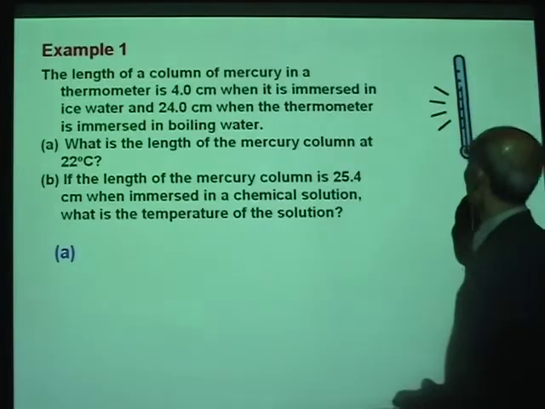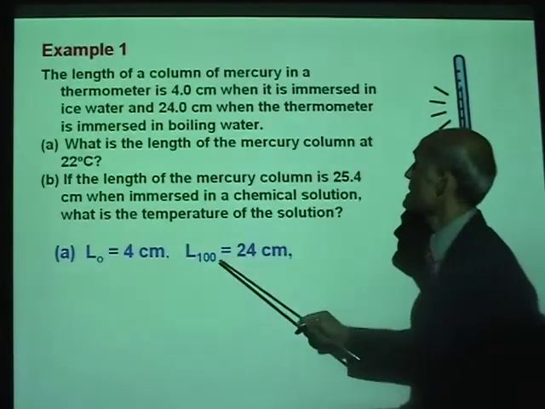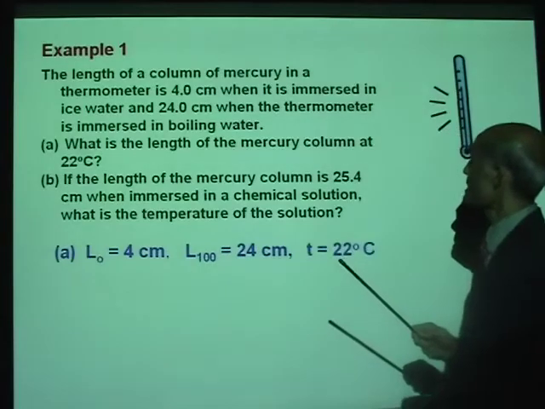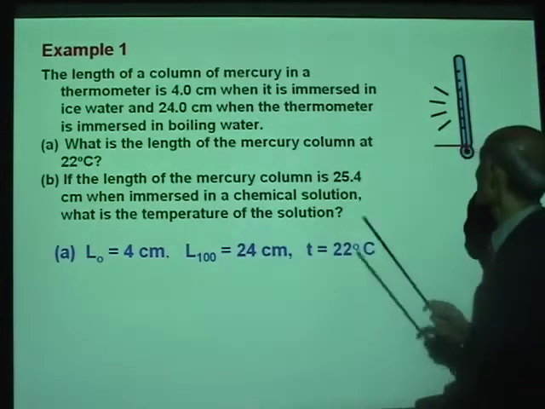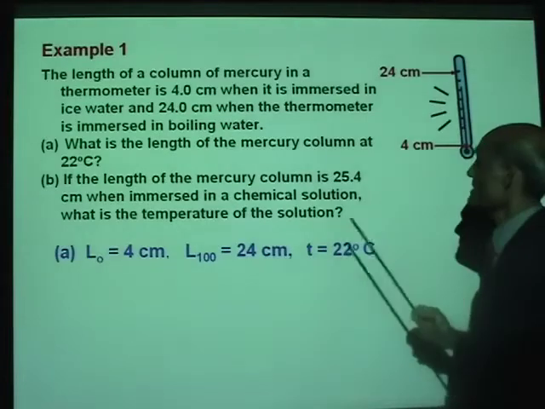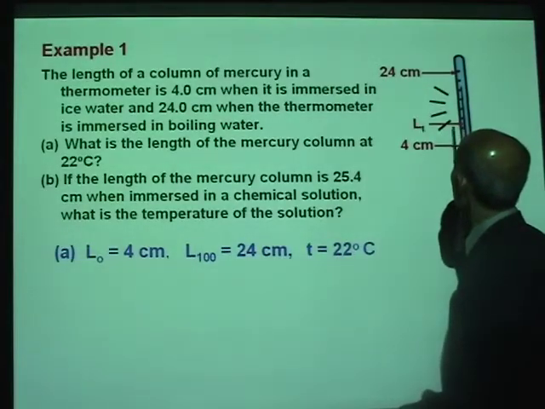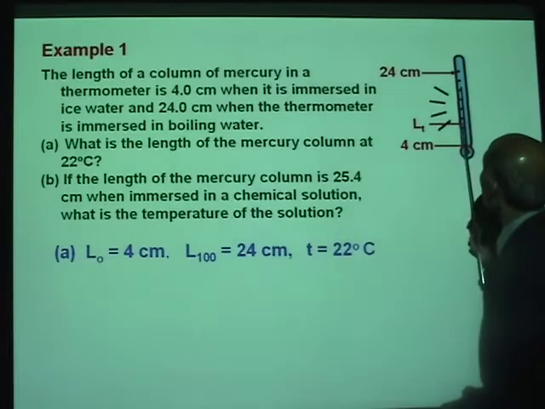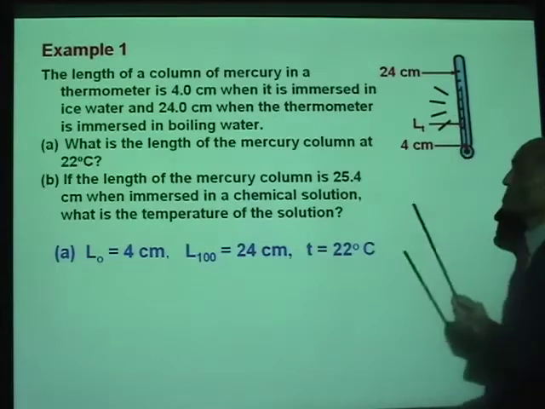What do we have? There is the thermometer. L0 is 4 centimeters. L100 is 24 centimeters. The temperature is 22 degrees Celsius. There we go. L0 is 4 centimeters. L100 is 24 centimeters. And the temperature is 22 degrees Celsius. We want to find the length L sub t at that temperature.